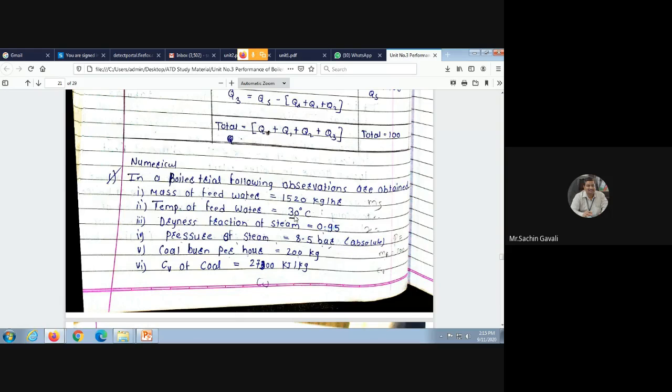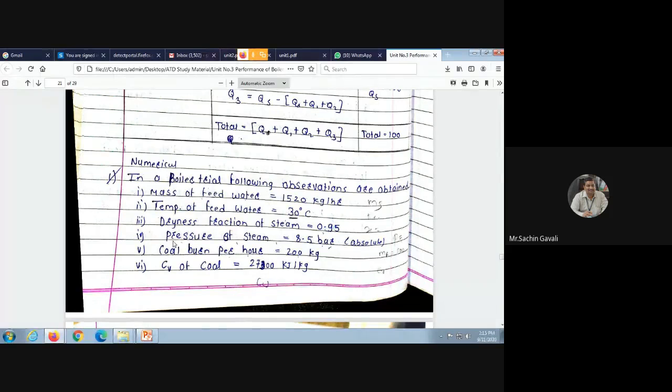Third, dryness fraction of steam. Whatever steam is coming from that boiler with this mass and temperature of feed water, the dryness fraction of steam coming out from the boiler is 0.95. Means X is given.